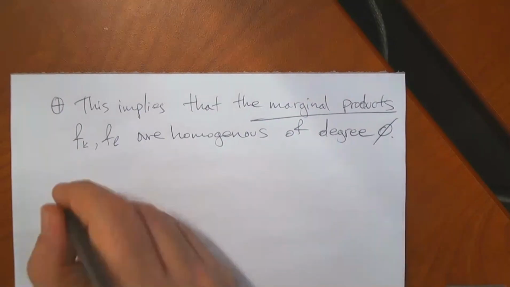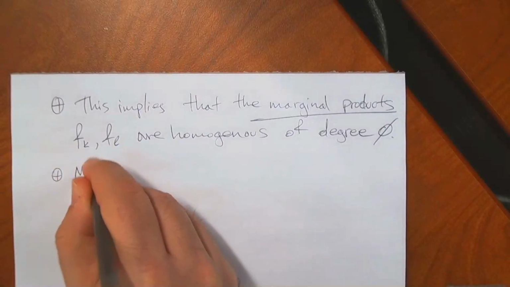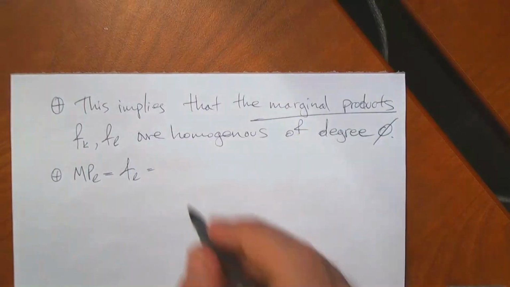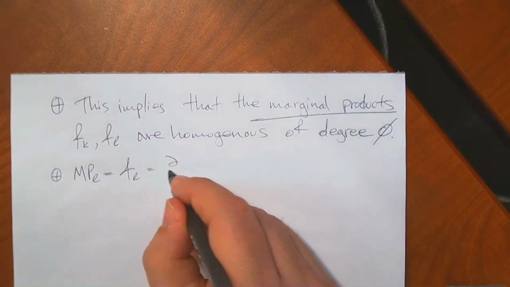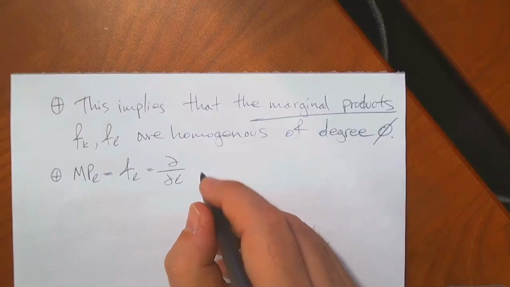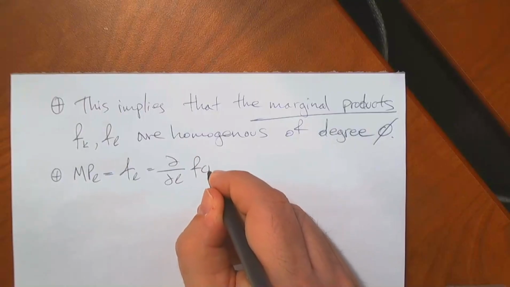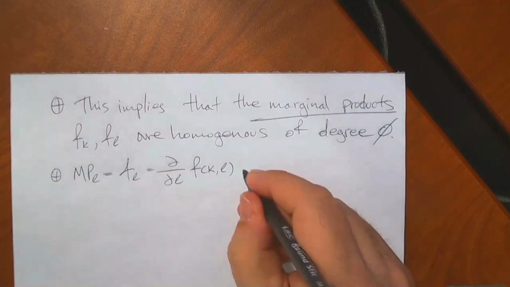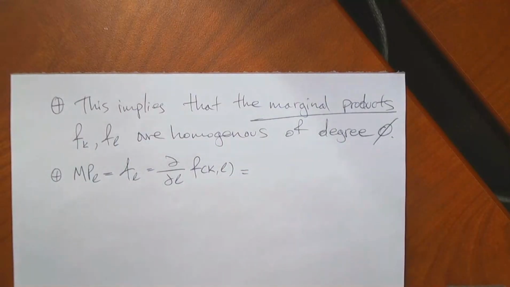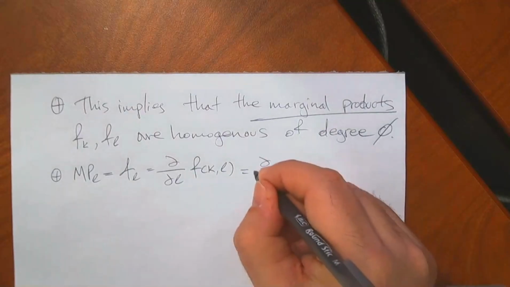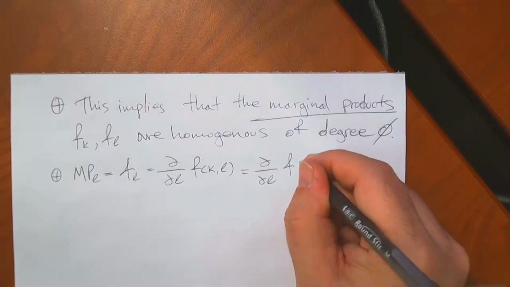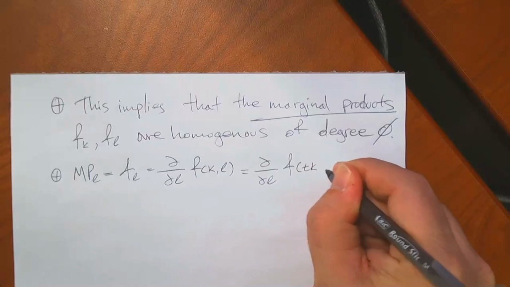Let's write it out. So you have the marginal product of, let's say, labor is equal to F subscript L, notation-wise, which is equal to del L, the derivative with respect to labor of the production function, like F of K, L. That is going to be equal, by the fact that this is a function that is homogeneous of degree 0, to this expression. Del over del L, that's the marginal product of the production function when I have scaled up the inputs.